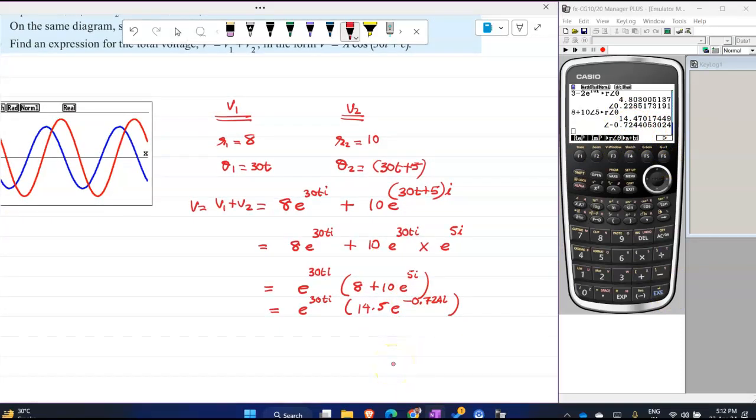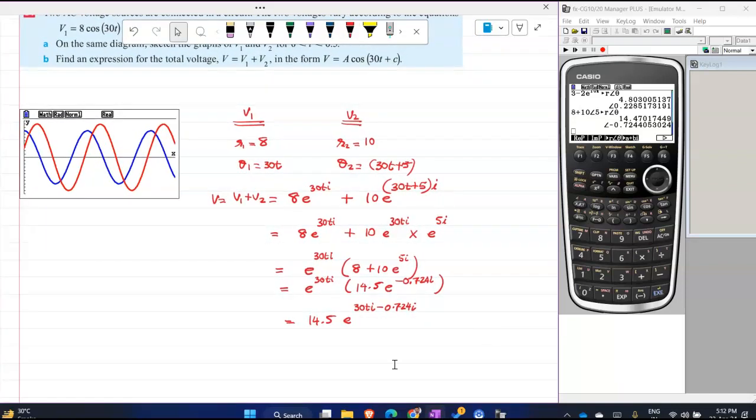Now we open the brackets. So when you open the brackets, this is 14.5 e raised to 30ti minus 0.724i. Correct? So that's 14.5 e raised to (30t minus 0.724)i.